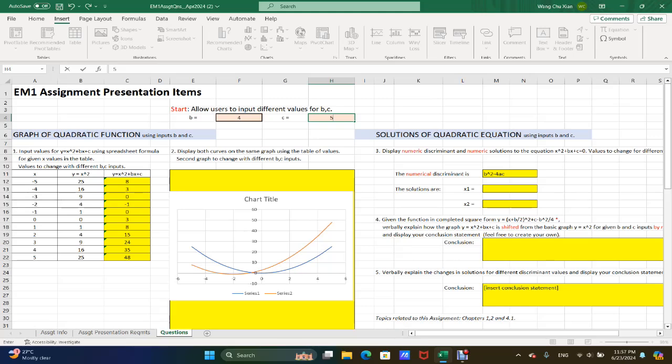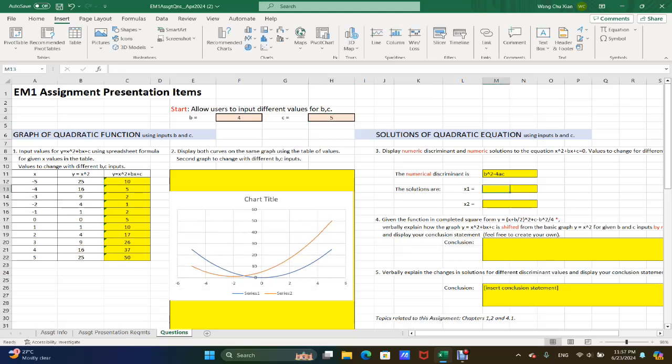Now coming to question 3, we are supposed to display the numerical discriminant and the numeric solution to the equation. The discriminant for this quadratic equation is b squared minus 4ac. So for the solution, b squared, b multiplied by itself, minus 4.